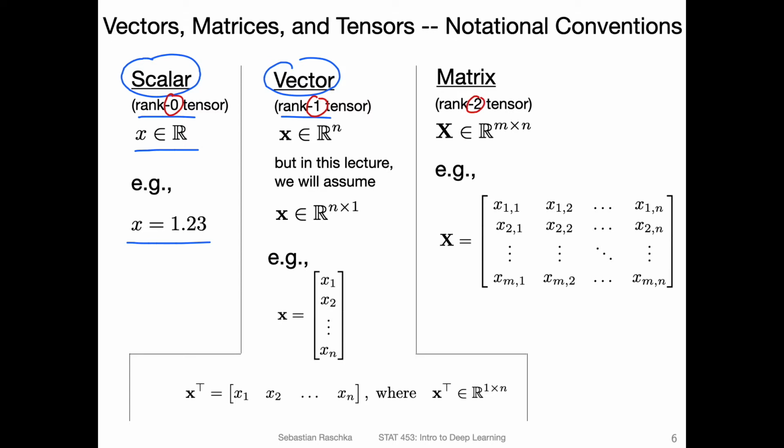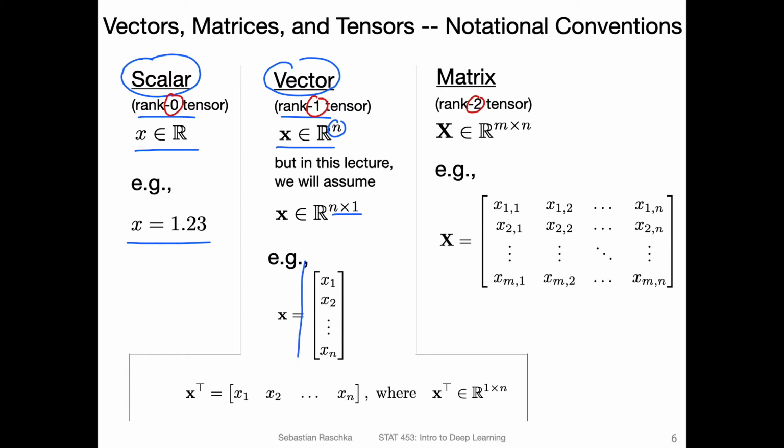A vector, you can think of it as a data container with n values in it. That is usually something you would find in a linear algebra book. However, in our context in machine learning and deep learning, we usually think of vectors as n times 1 dimensional.